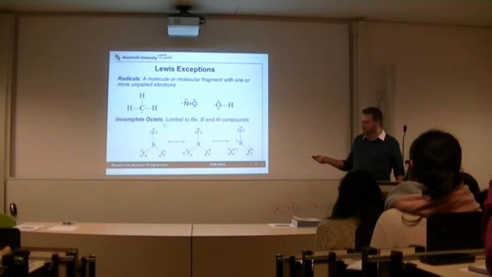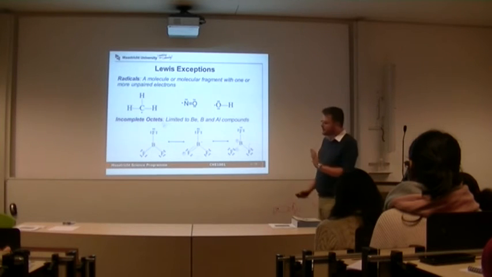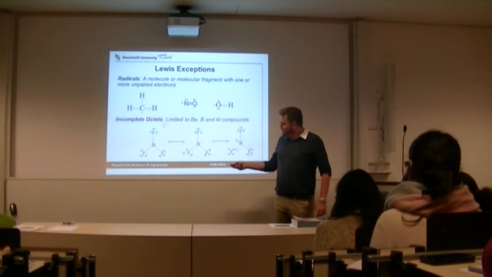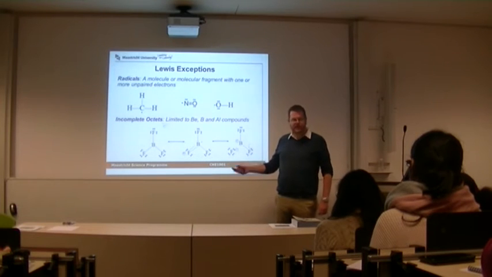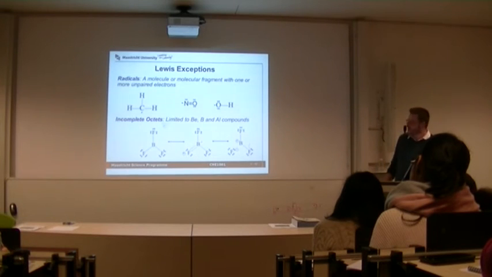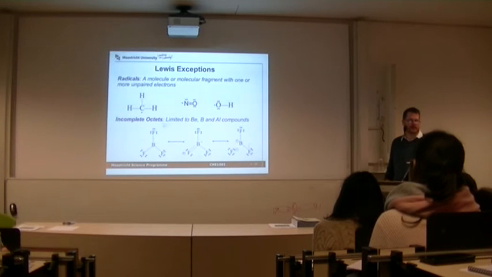I want you for the moment just to forget about these two Lewis structures here, or these resonance structures. Focus your attention, please, on this one here. BF3, this is the Lewis structure. Boron has 3 valence electrons. Each fluorine atom has 7. And if I write the Lewis structure, I end up with the boron with only 6 valence electrons, right?